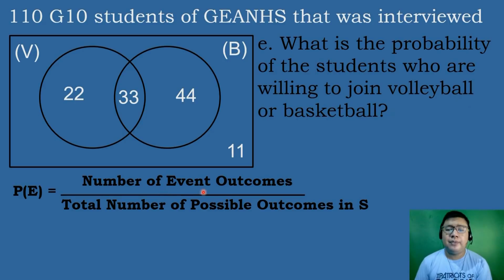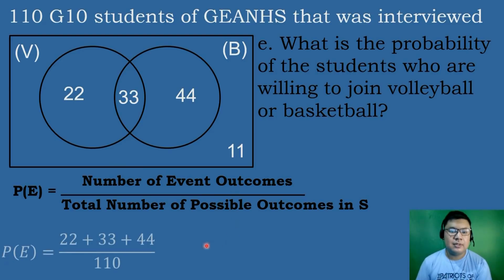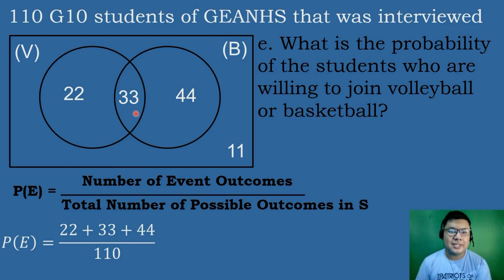For the number of event outcomes, we are looking for students who are willing to join volleyball or basketball. So we will be adding these numbers inside the circles of volleyball and basketball to get the number of event outcomes. So it will be 22 plus 33 plus 44 all over 110.